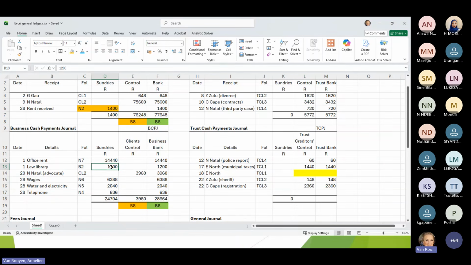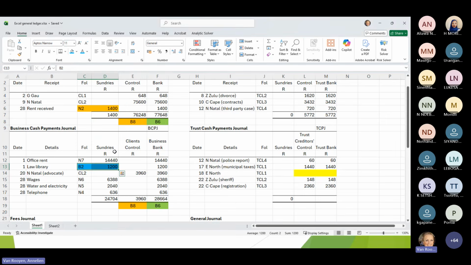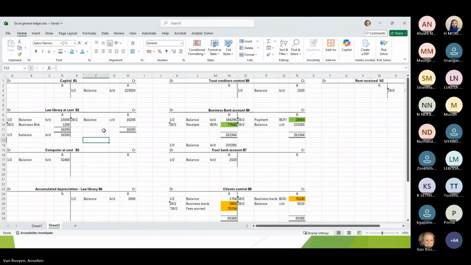Remember, we bought those government gazette things. So it comes from there. Can you remember that? Yes, I do. Okay, so let's put that in blue. And that comes from there. Okay, and then we do the same with the depreciation.